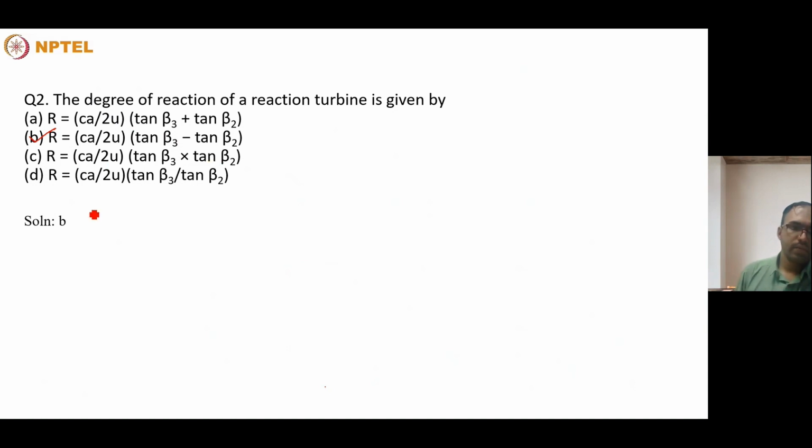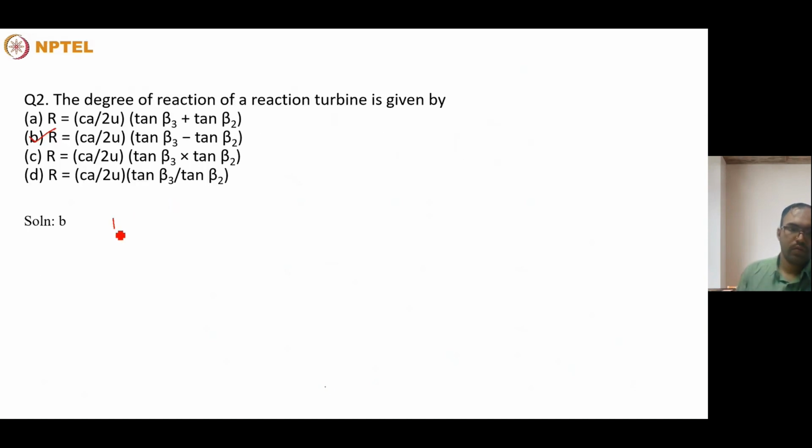The degree of reaction of a turbine stage can be defined in more than one way.